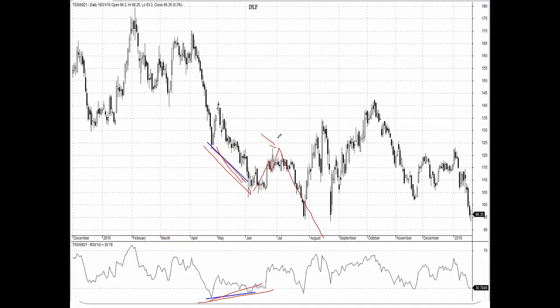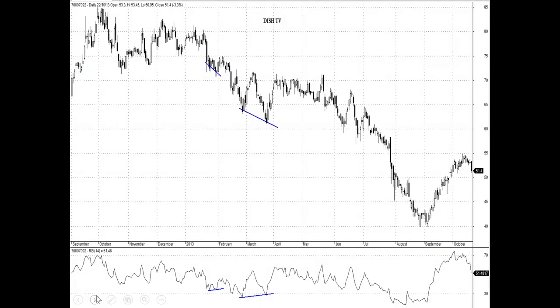It came down again. We have to use price patterns. If there was a triangle here, or a double bottom here, or an inverse head and shoulder here, then we would have considered that it could be a trend change, not before that.